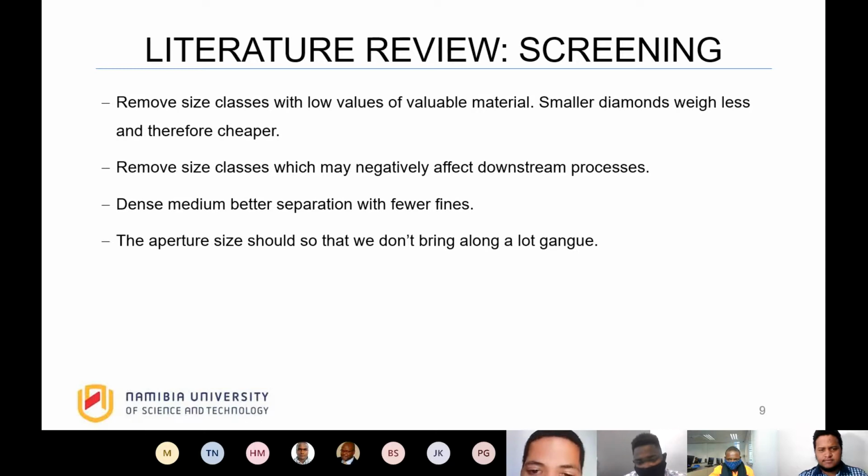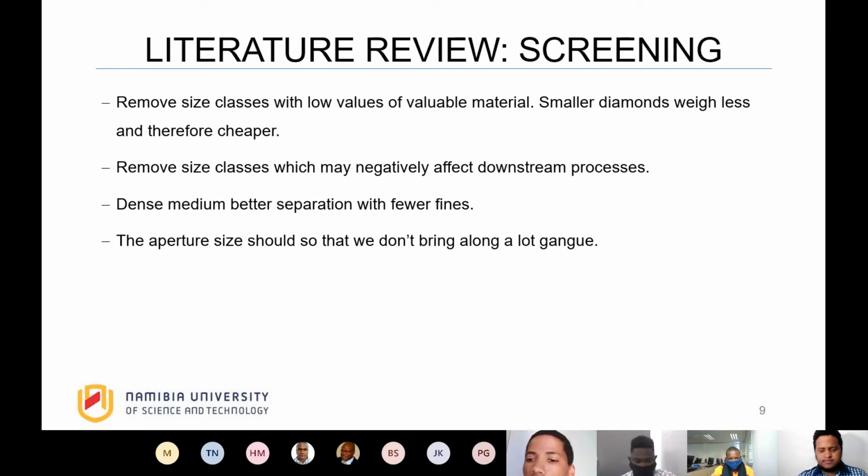Another thing is, the aperture size should be selected carefully. It doesn't mean that because the diamonds in this ore occur between 3 and 30 millimeters, we should use that as our target size fraction, because we will bring along a lot of gangue. As Dila already explained, the diamonds are distributed in a normal fashion.